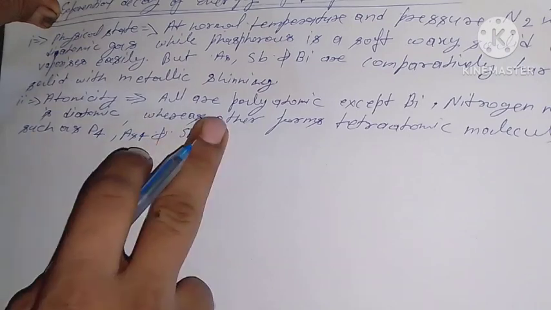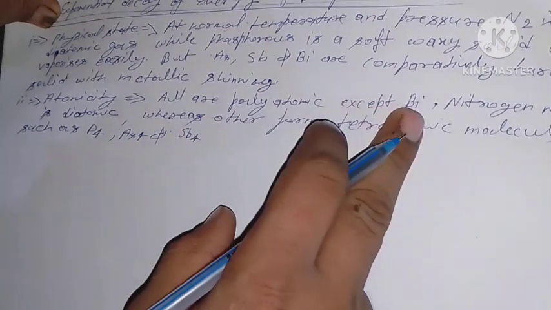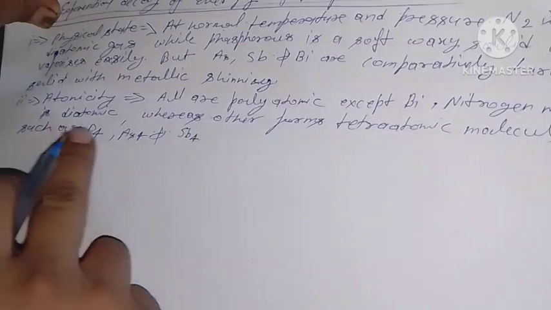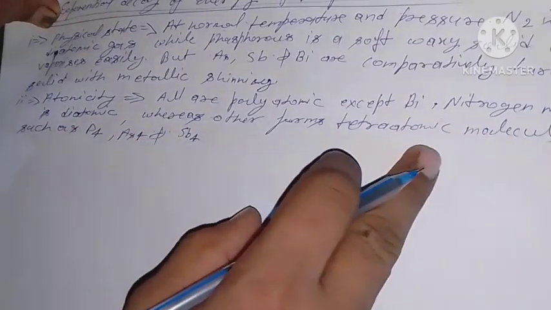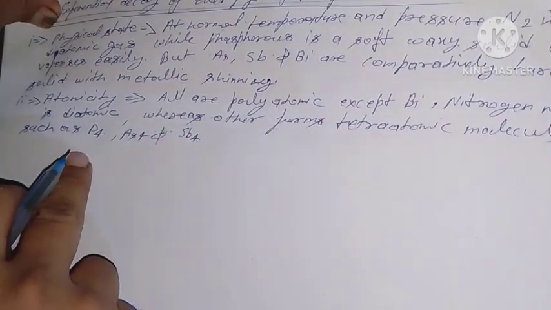And bismuth, all are polyatomic except bismuth. Nitrogen molecule is diatomic, whereas other forms tetraatomic molecules.